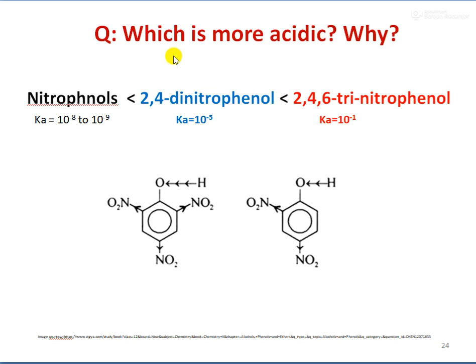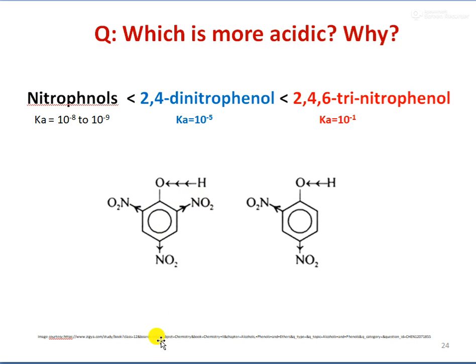Then we discussed multi-substituted nitrophenols, that is phenols with more than one NO2 group. So this is 2,4-dinitrophenol and this is the structure of 2,4,6-trinitrophenol.